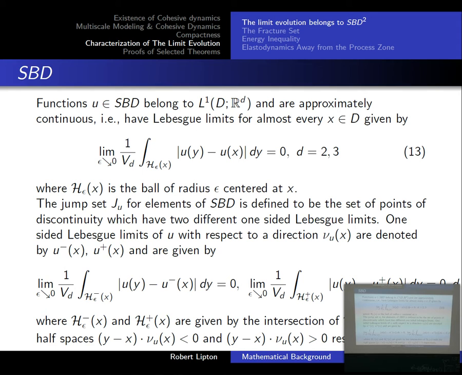That's the Lebesgue differentiability. And the jump set for the elements of special functions of bounded deformation is defined to be the set of points of discontinuity which have two different one-sided Lebesgue limits. You're familiar with the Lebesgue limit, and a one-sided Lebesgue limit is just what you think it should be.